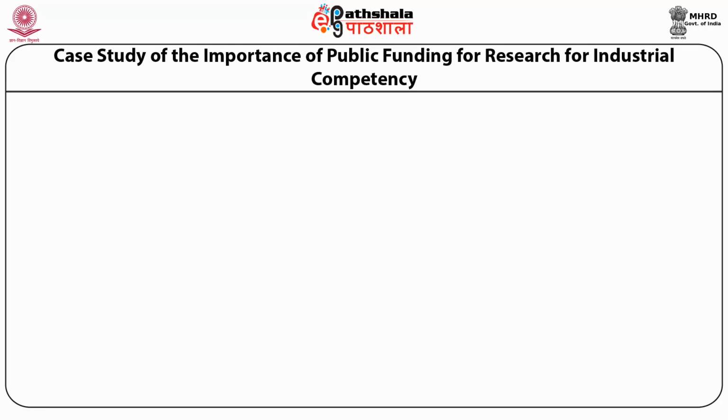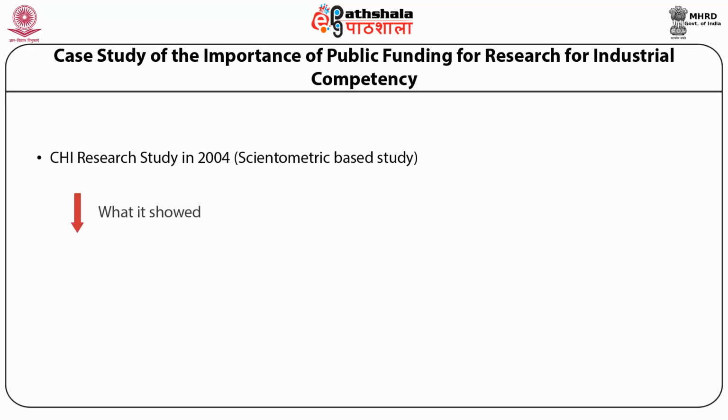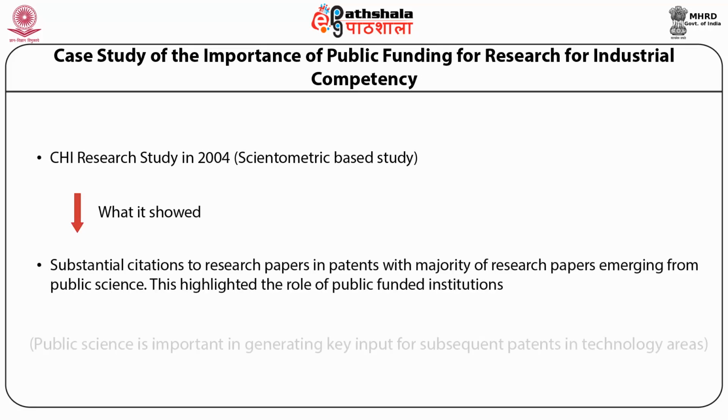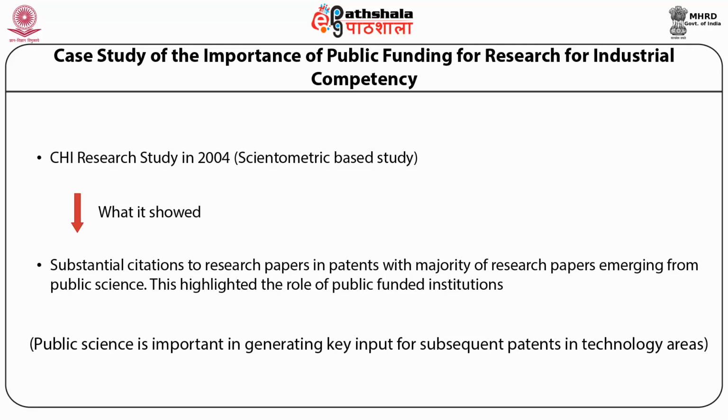Slide 16. Case study of the importance of public funding for research for industrial competency. This study was done by Kai Research in 2004. What did it show? It showed that substantial citations to research papers in patents were from research papers, and the majority of the research papers emerged from public funding of science.